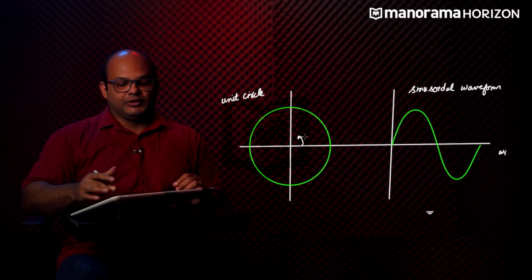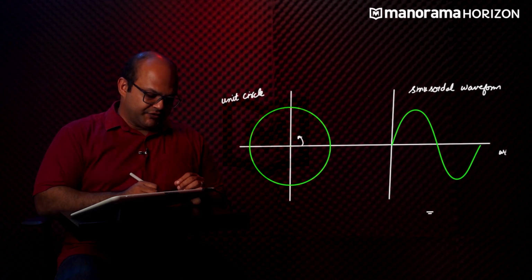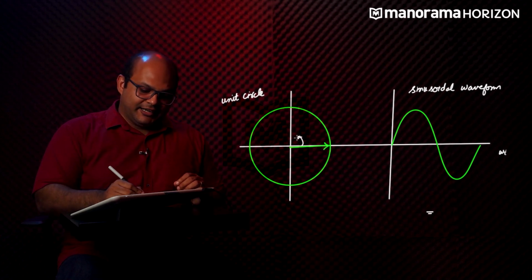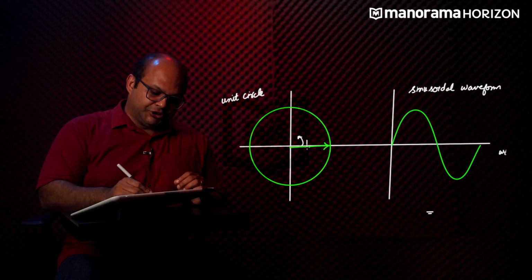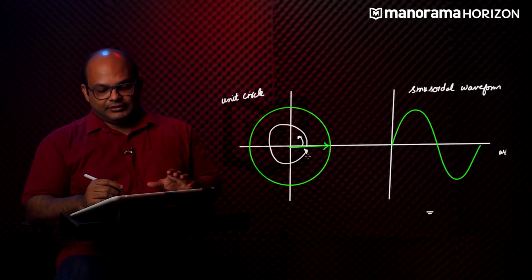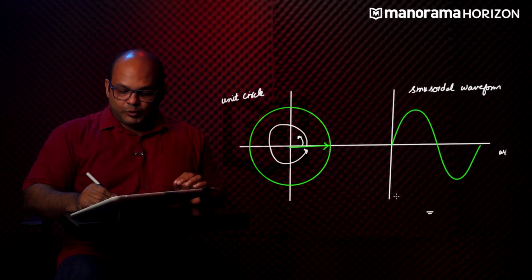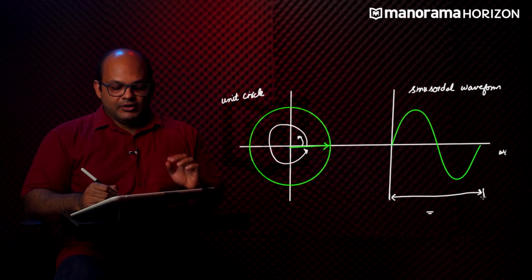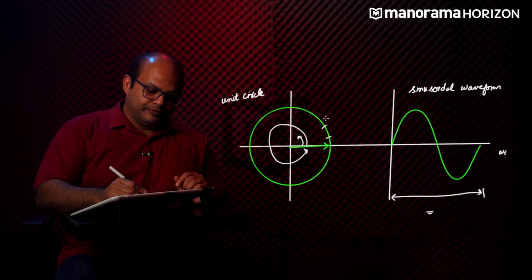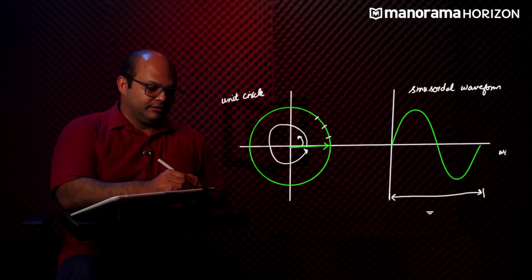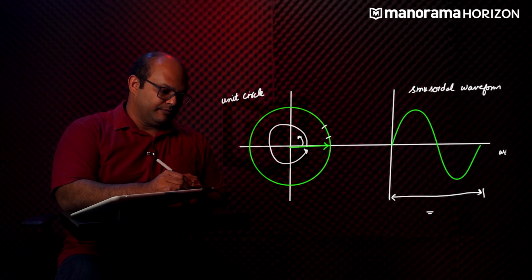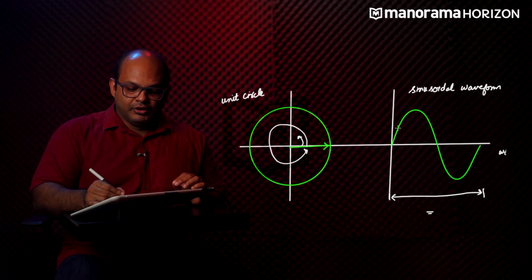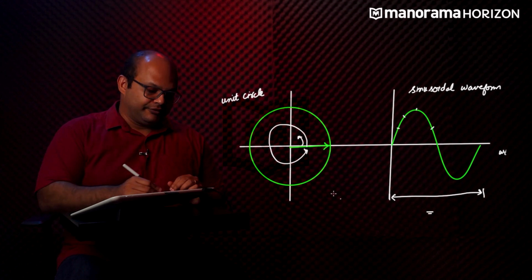So if we take the voltage phasor, this is our voltage phasor, and it completes one complete rotation on this circle. That is equivalent to a complete cycle of this sinusoidal waveform, which means that every point on this circle corresponds to a unique point on this sinusoidal graph.